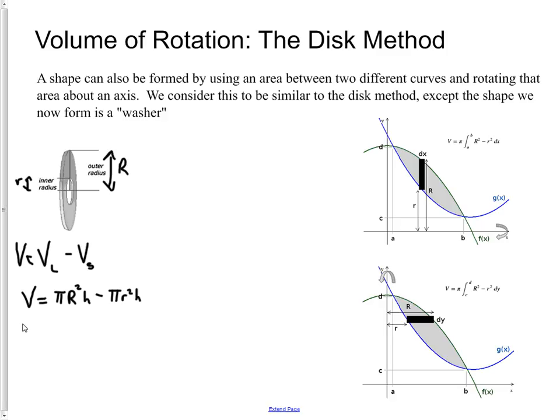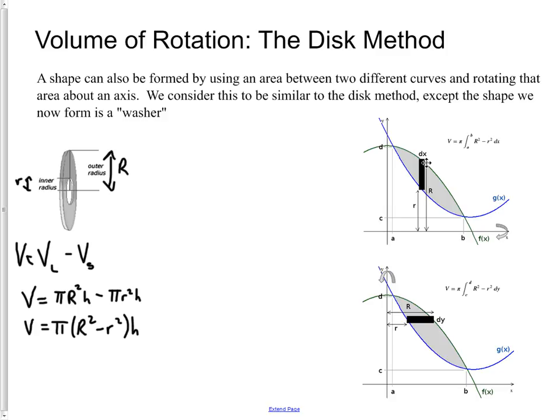Doing the appropriate factorization, we've got pi times the difference, R squared minus small r squared, times h, right? So we just take the difference in the radii squared.